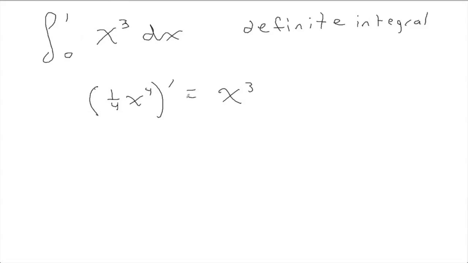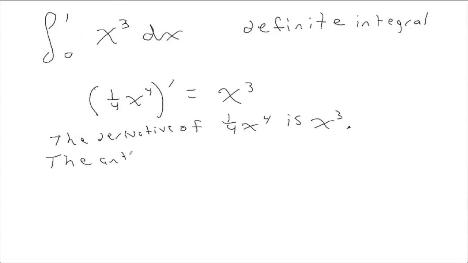Good. So how would you read this equation aloud? The derivative of 1/4 x to the 4th is x cubed. And then we can also say that the antiderivative of x cubed is 1/4 x to the 4th.